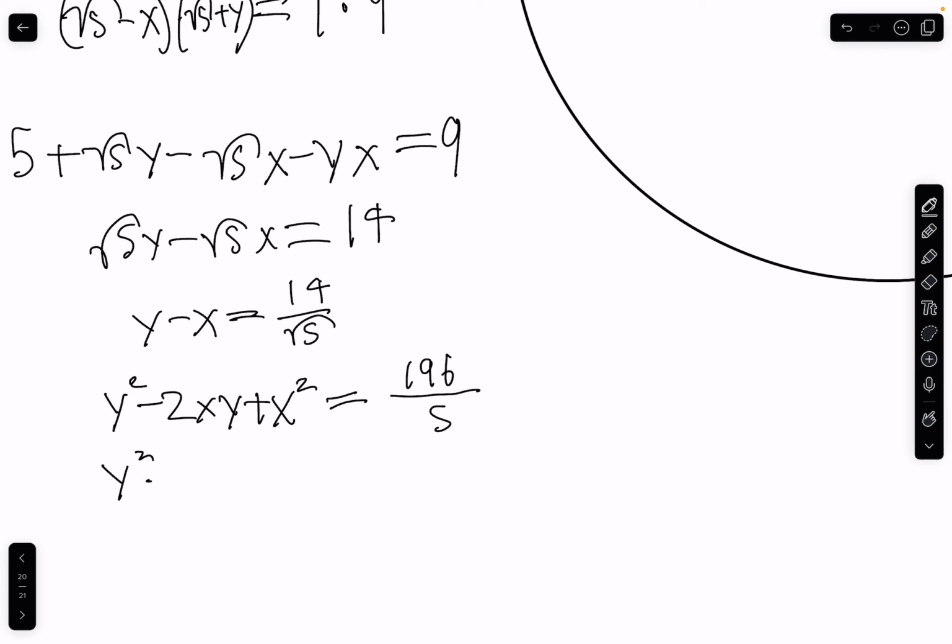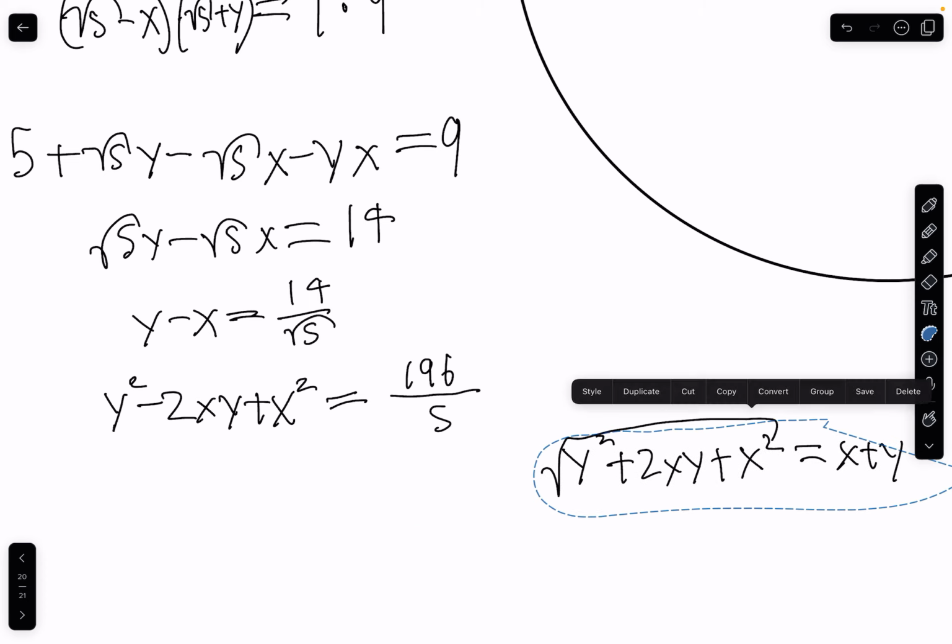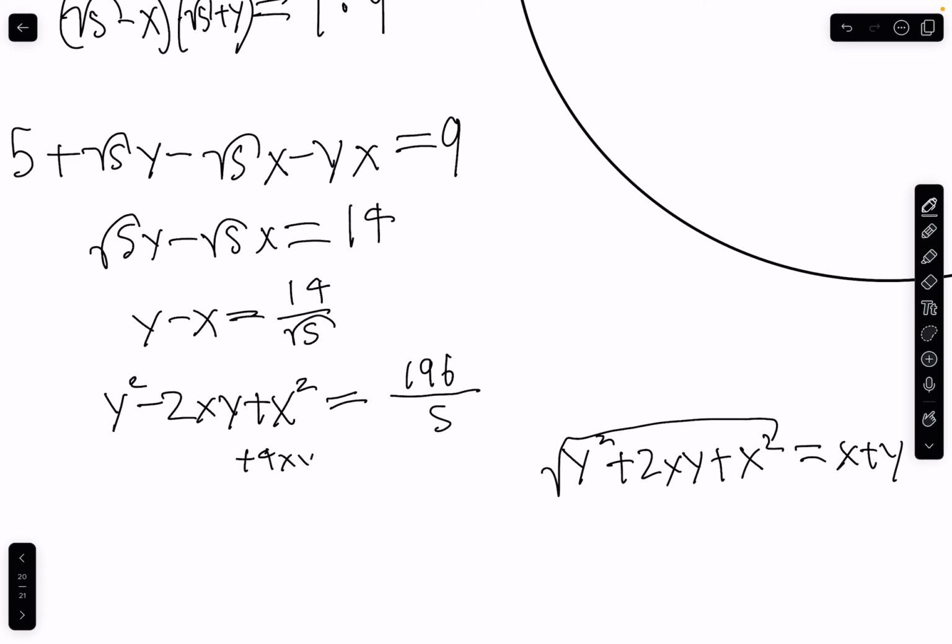And if we were to find y squared plus 2xy plus x squared, and we take the square root of that, that would give us x plus y. We can find this easily from where we are by adding 4xy to both sides and then taking the square root. And we know 4xy is just equal to 40 because xy is equal to 10. So now we have x plus y squared is equal to 196 over 5 plus 40.